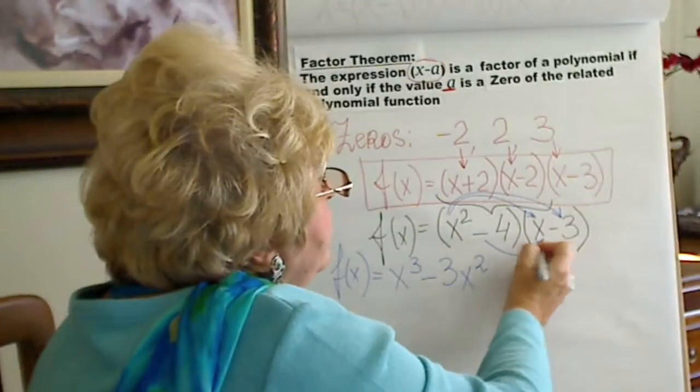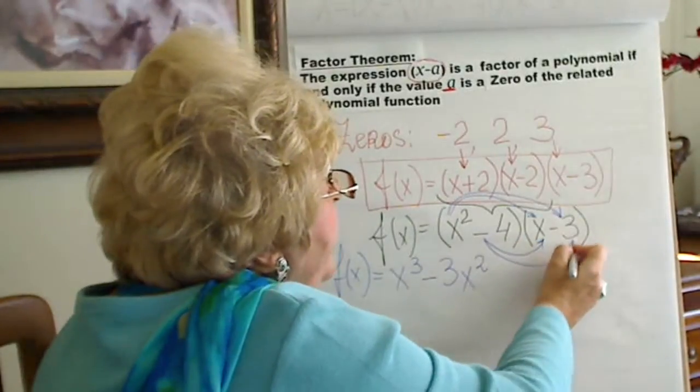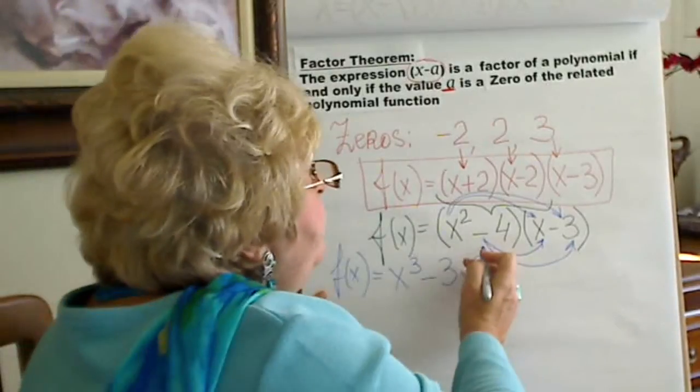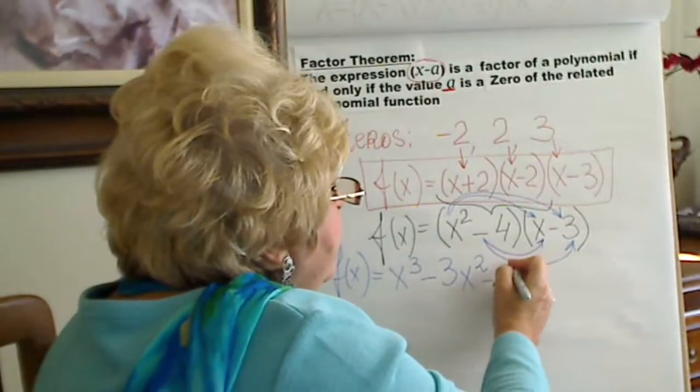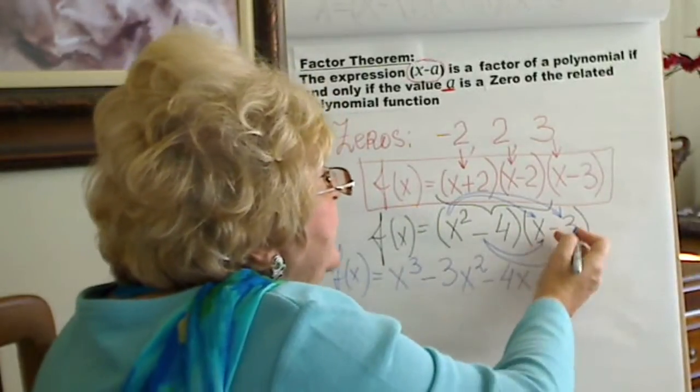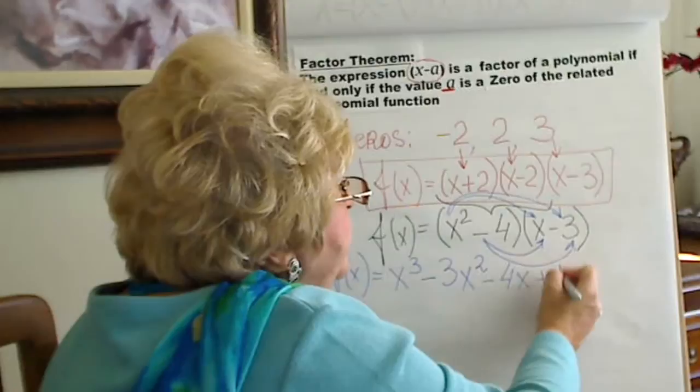After that we multiply this way, because we remember about the 4. Negative 4 times x, negative 4x. And negative 4 times negative 3, positive 12.